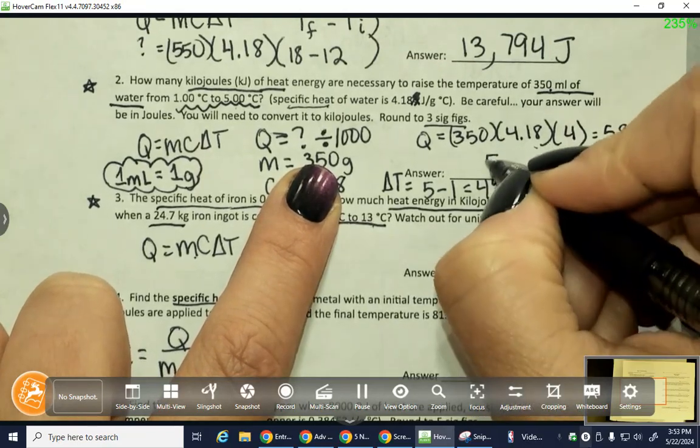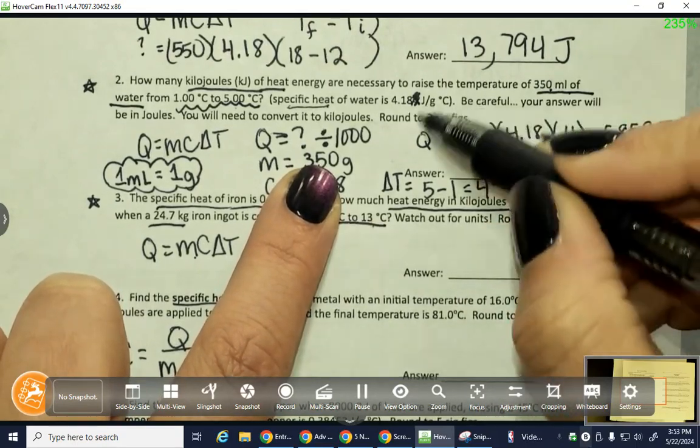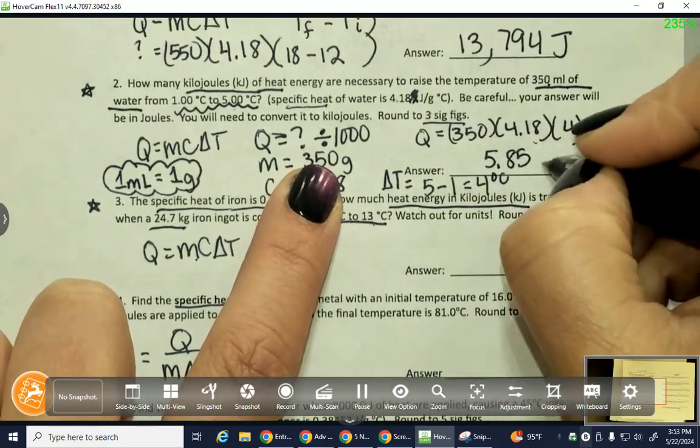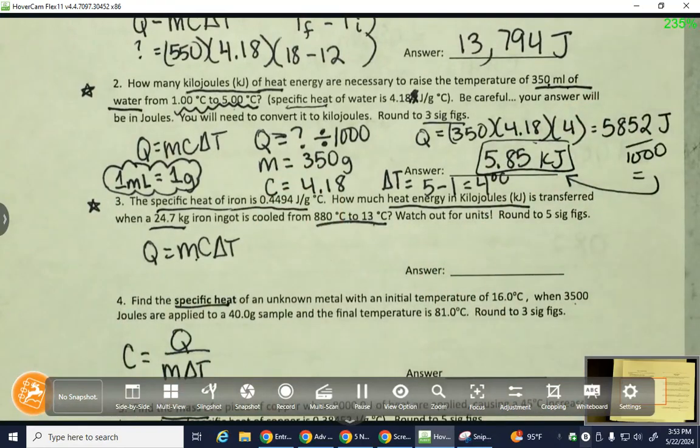So you'll end up with 5.85. Since that says 3 digits, 3 sig figs, we'll say that kilojoules. That's your final answer. Okay, so it's not bad. It's just conversions, I know, aren't always our favorite thing.